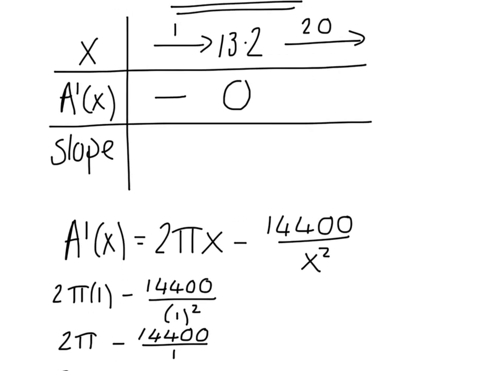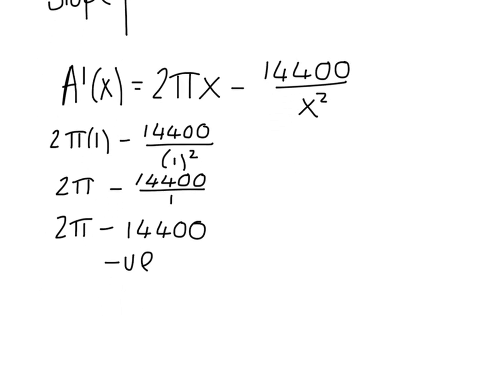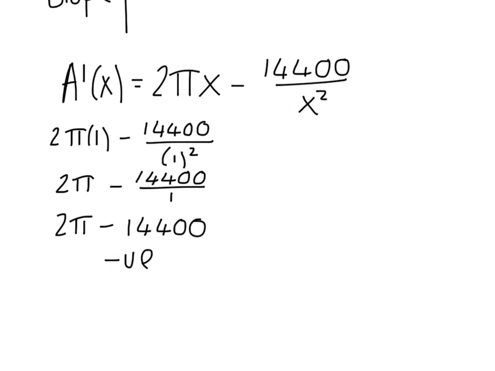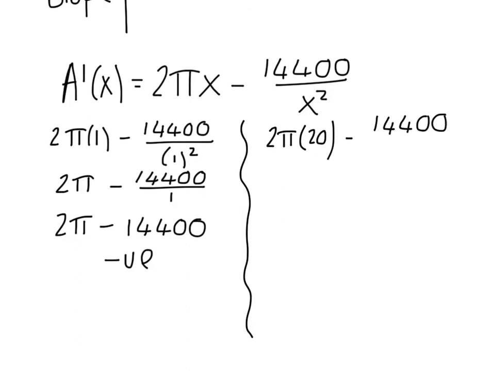So that's a negative. And then the same thing over again, we're going to substitute the value of 20 in. So putting the value of 20 in, we'll separate that with a line. That gives us 2π times 20, take away 14,400 over 20². So 2π times 20 is 40π.